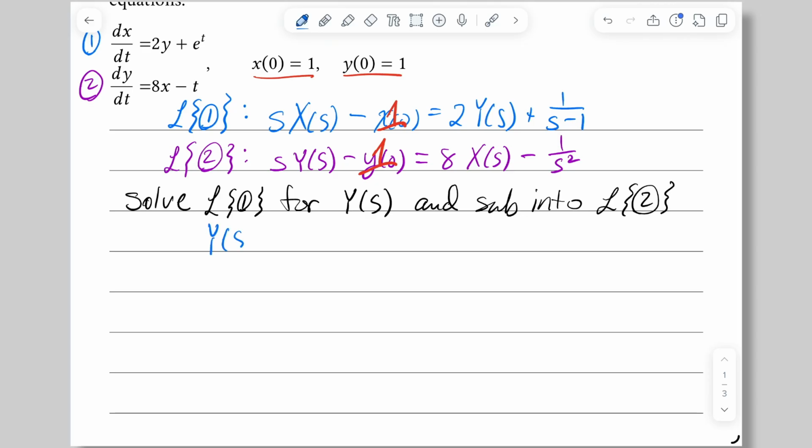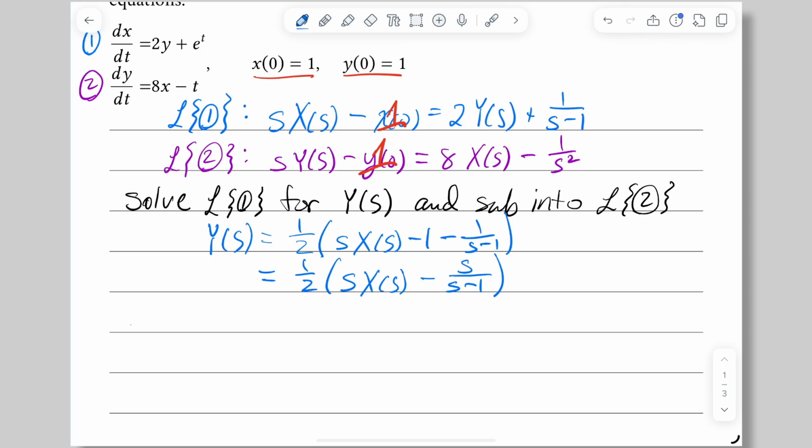For equation 1, we get Y(s) is equal to 1/2 times the quantity sX(s) minus 1 minus 1 over s minus 1. Combining the negative 1 and the minus 1 over s minus 1 gives us 1/2 times the quantity sX(s) minus s over s minus 1.